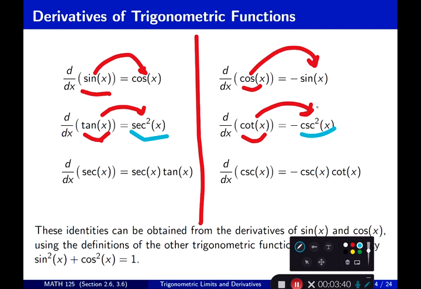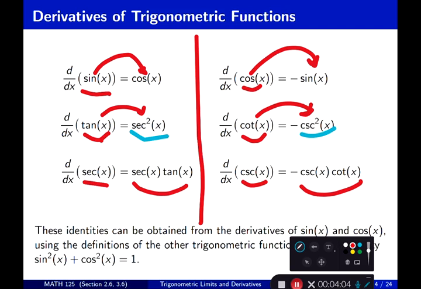How about derivative of secant of x and cosecant of x? They're co-functions again, and one is secant of x, tangent of x. The other one is cosecant of x, cotangent of x, which again, they are co-functions but with a negative sign.